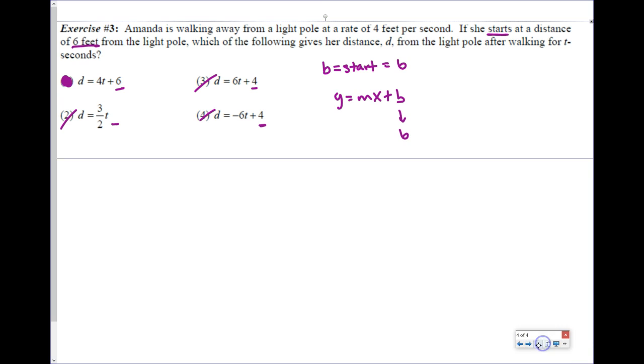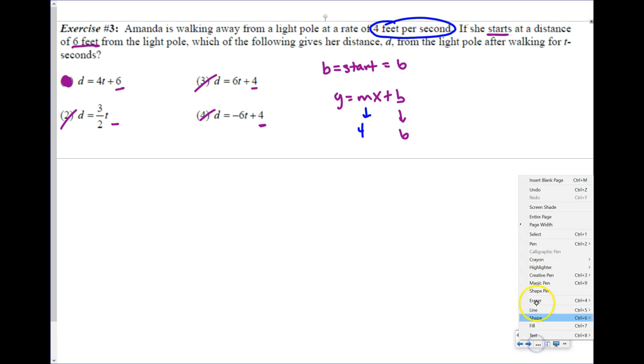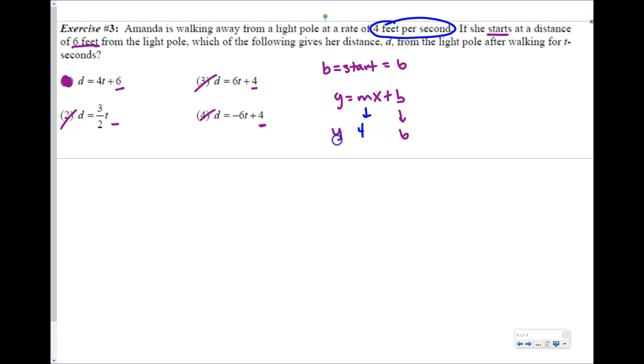This problem does give me this extra piece of information. It does say 4 feet per second, sure. So I know that m is 4. So if I really wanted to do this the whole right way, I could say, oops, my pen is not really working. I could say, okay, y equals 4x plus 6, and that matches answer choice number 1.